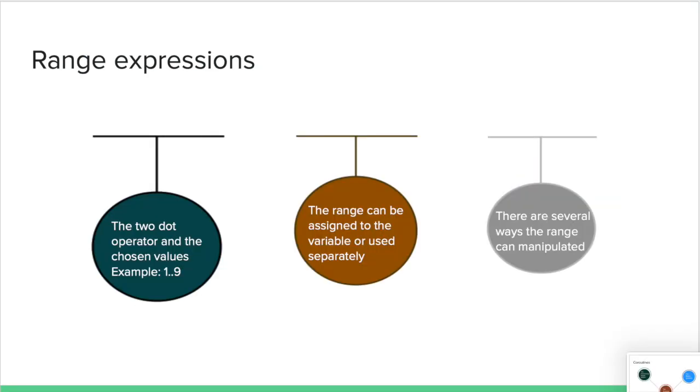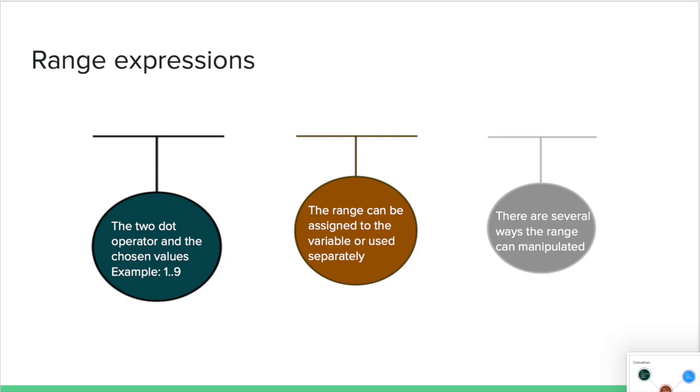The next feature is completely different. It is range expressions. Now, a range is an interval that has a start and an end value that can be defined. It is most commonly used to check whether a certain value fits the range or not. The two dots operator is used between the two values to specify the range, and the range can be assigned to a variable, or it can be used separately for comparison purposes.